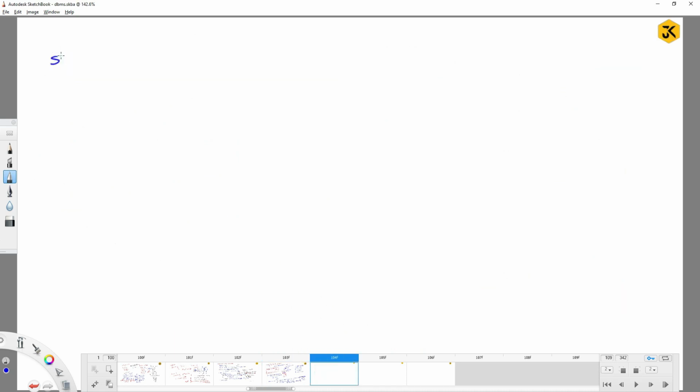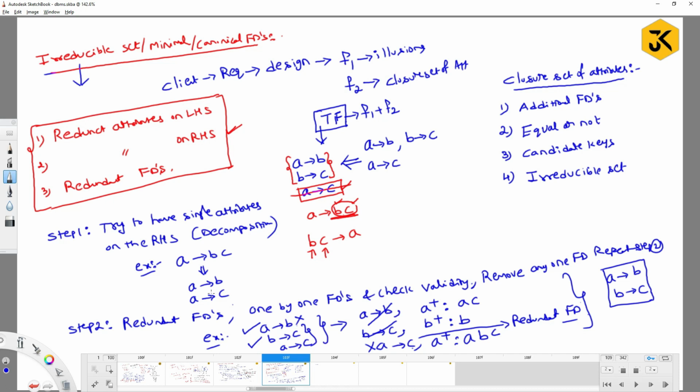And coming to the next step, step 3. Guys, if you observe, in step 1 we concentrated on the RHS side, and in step 2 we concentrated on both sides, simply finding redundant FDs.